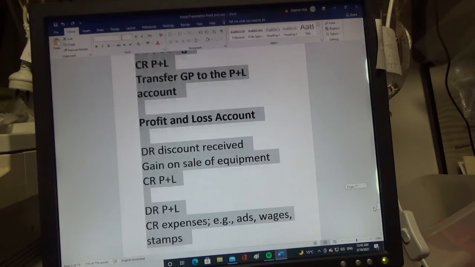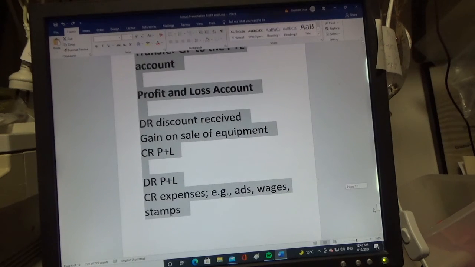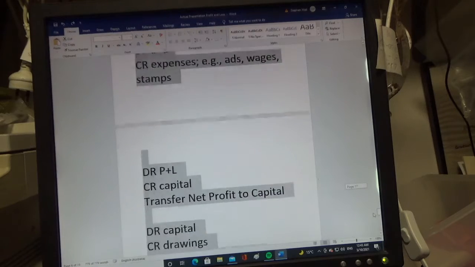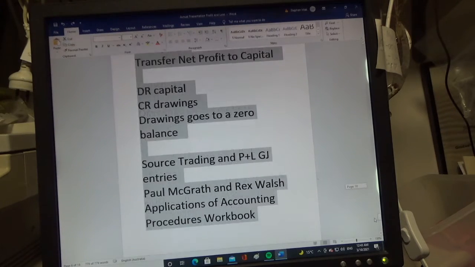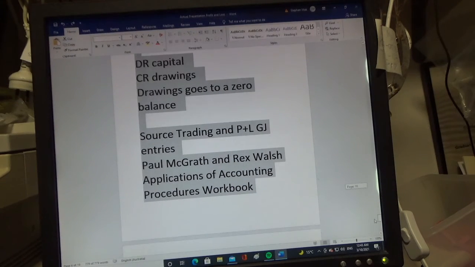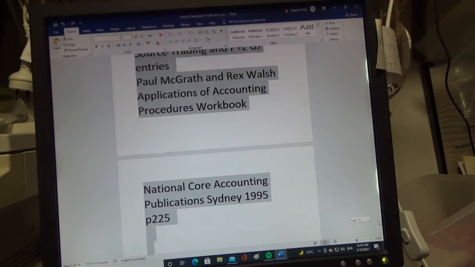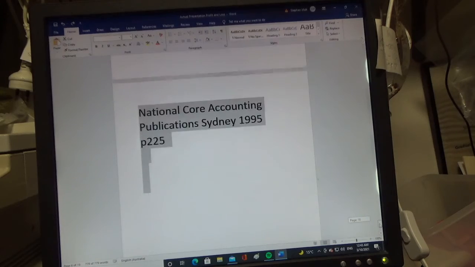So you may be asked to do those general ledger, trading account and profit and loss journal entries, or perhaps they're asking you to calculate a revenue statement. So that's my source for that page, McGrath and Walsh Applications of Accounting Procedures Workbook: the publisher, the place, the year and the page number.